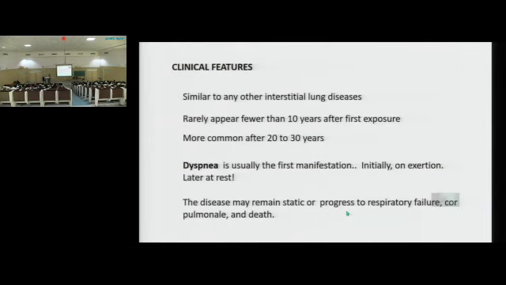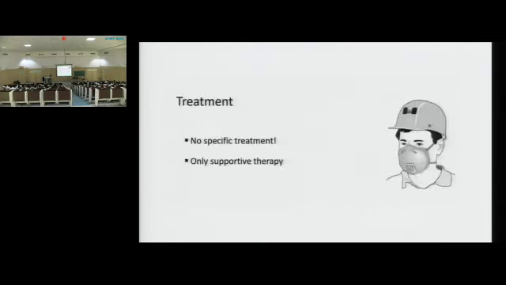It rarely appears fewer than 10 years after the first exposure, and is more common after 20 to 30 years or longer. Dyspnea is usually the first manifestation where the patient presents, and the disease may remain static or progress to respiratory failure, cor pulmonale and death. Treatment: no specific treatment, only supportive therapy.